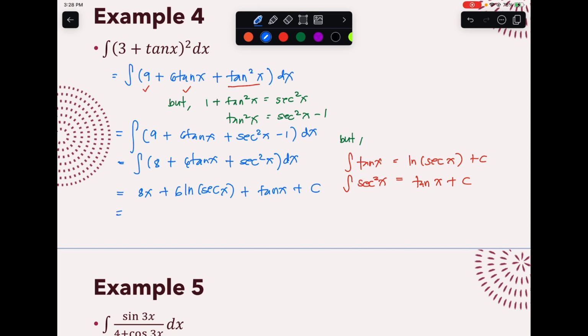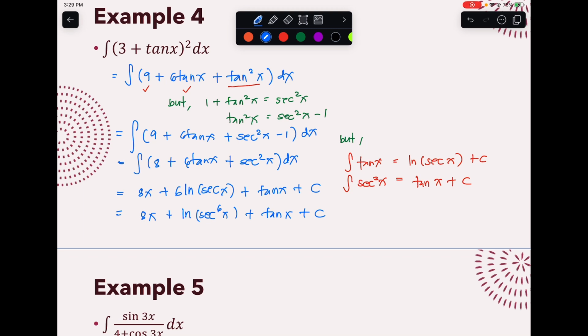So this one is okay, but if let's say it's a multiple choice exam, this one can be rewritten as ln of secant to the 6x, plus tangent x plus c. Applying properties of logarithm, we can move up the 6 as the power of secant x, or simply ln of secant x raised to the power of 6.